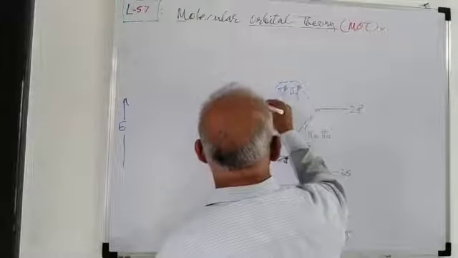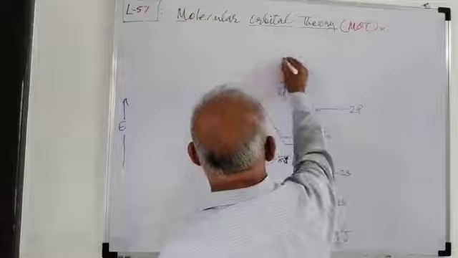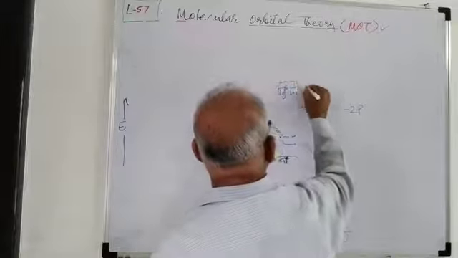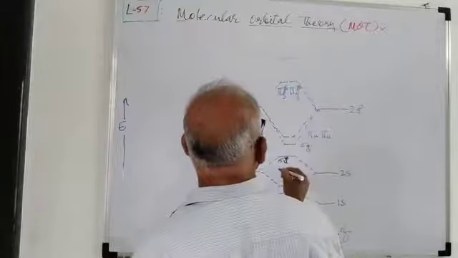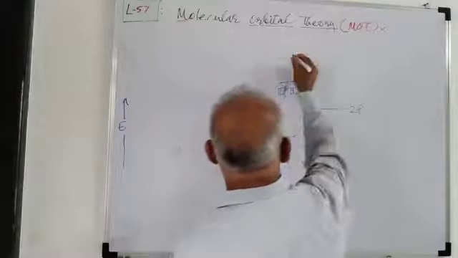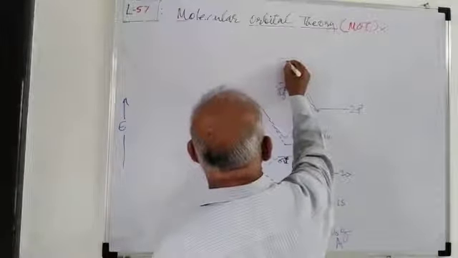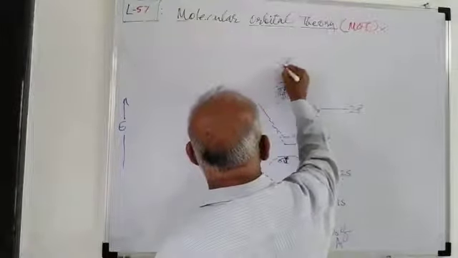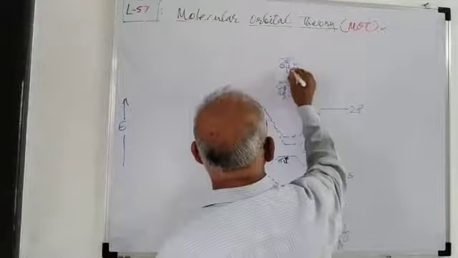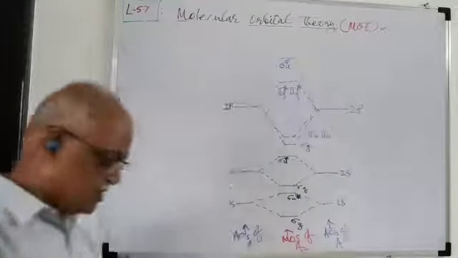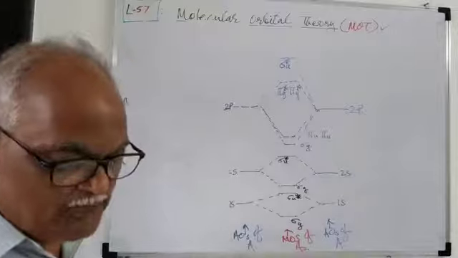Linear combination between atomic orbitals of sigma type, that is pz, will give us sigma star u.